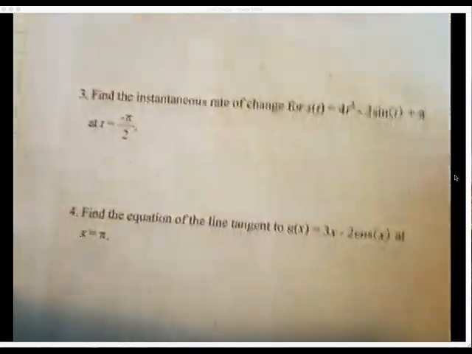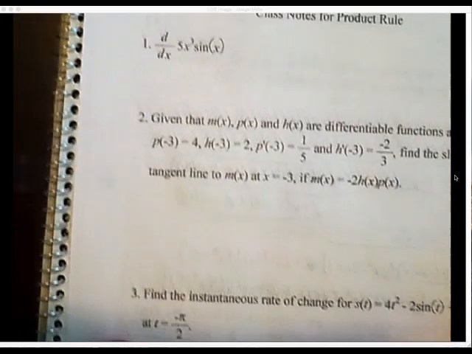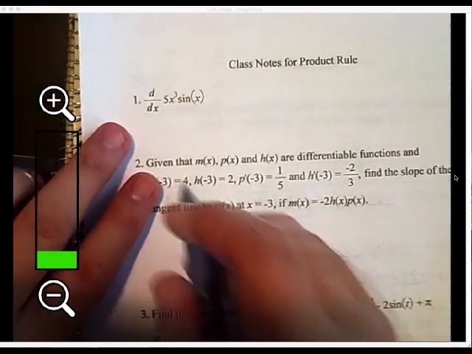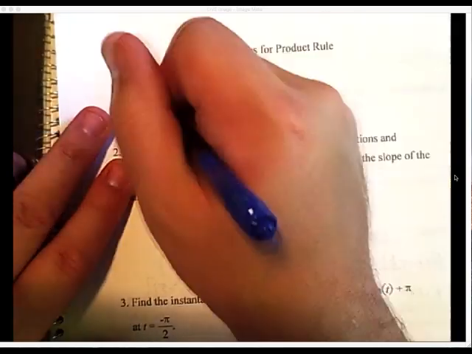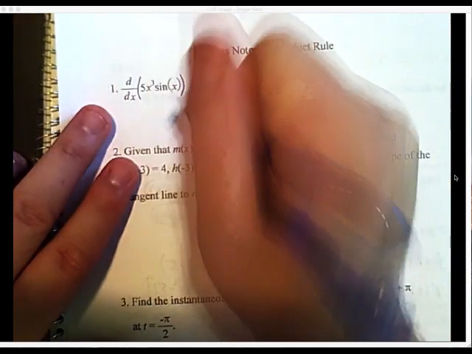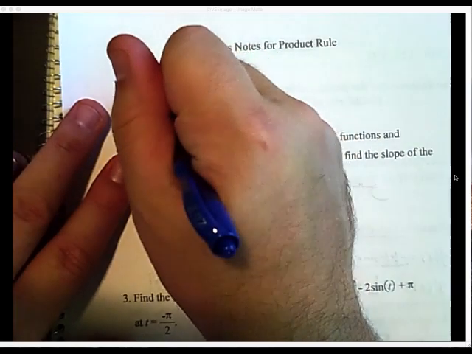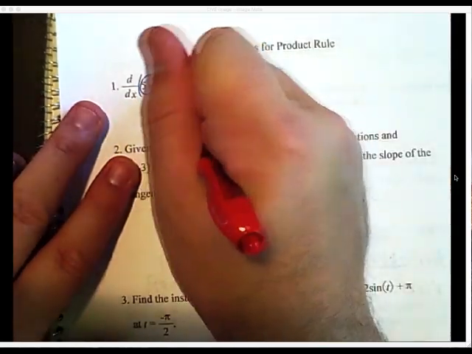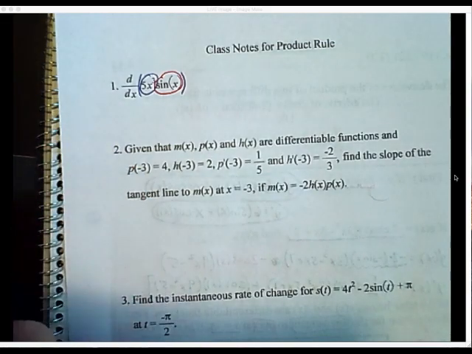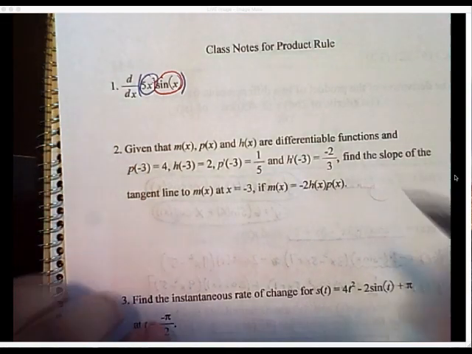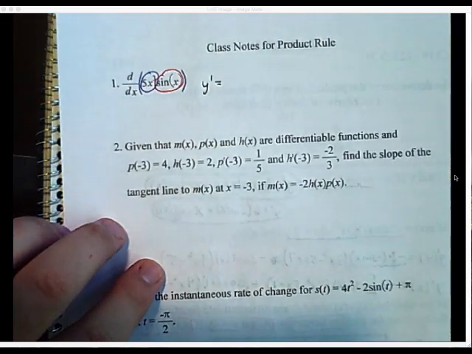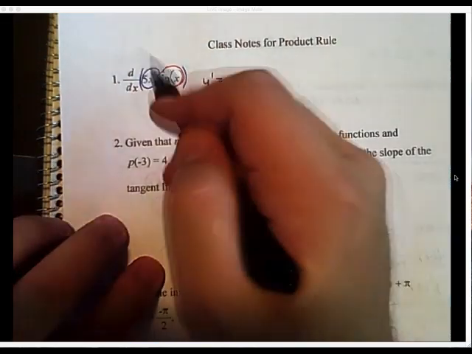A few more practice problems here. All right, so in the class notes, I want to find the derivative of that entire thing. Well, 5x cubed is the first term. That's being multiplied times sine of x, so I've got to use the product rule, because that's a product. Okay, so y prime equals, or you could say f prime, I don't really care what you call it, the derivative of the first term.